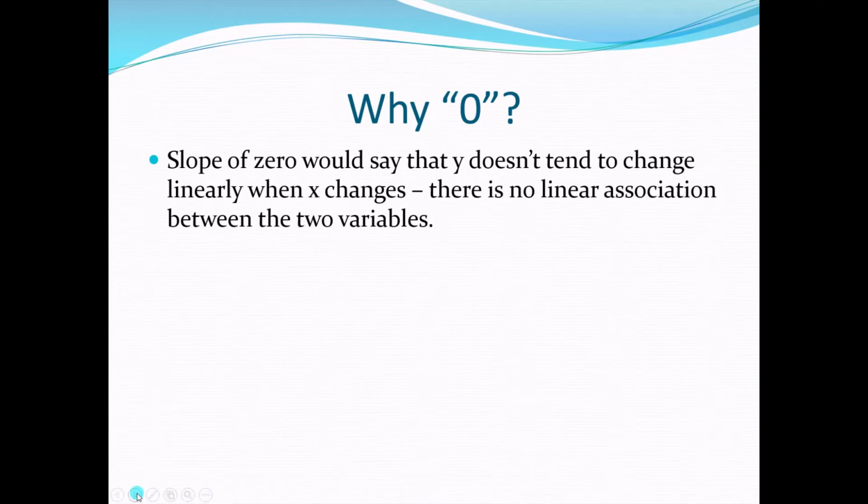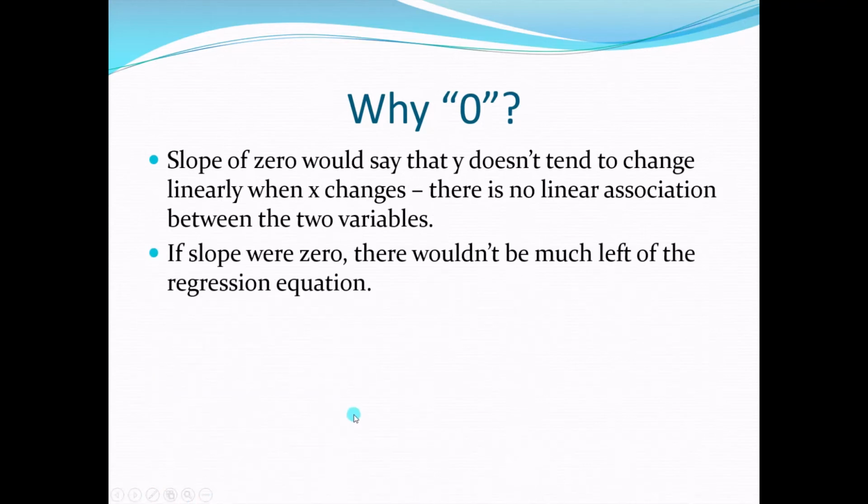And in your LSRL, if the slope were 0, remember y equals a plus b times x. Well, if that b is 0, it's just going to be, I meant to say y hat. Y hat equals a. And that's not much of a regression equation. So looking for 0 is the thing to do in a confidence interval.